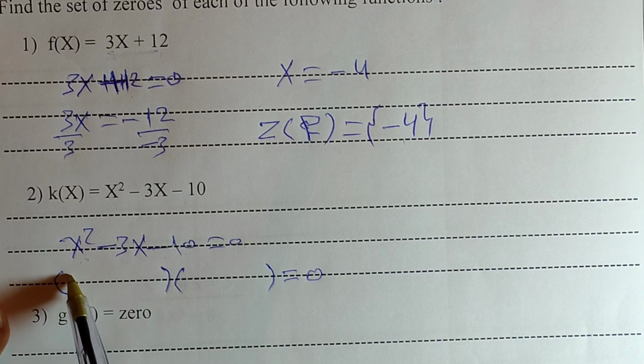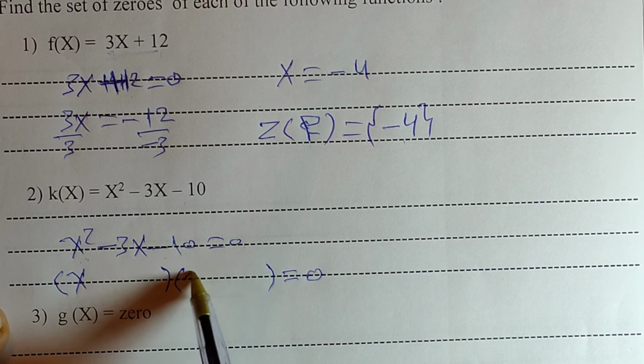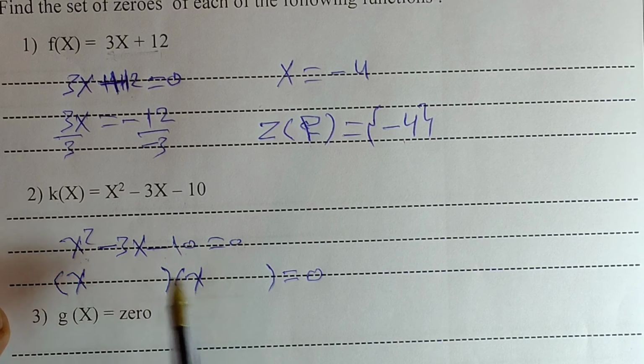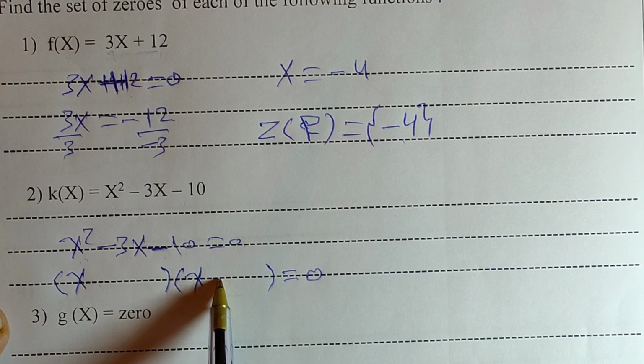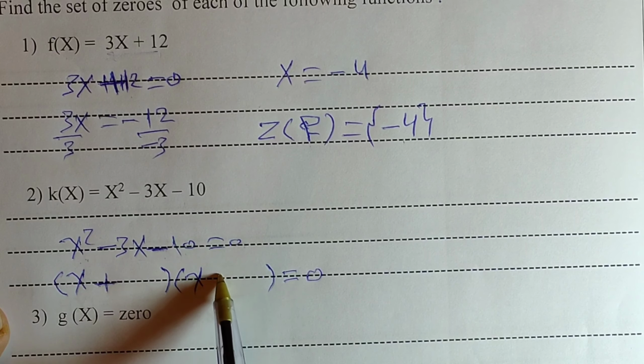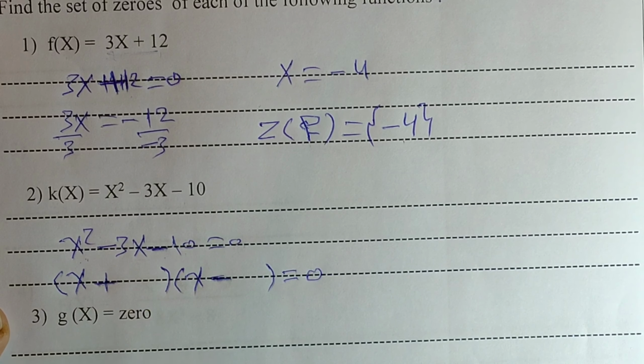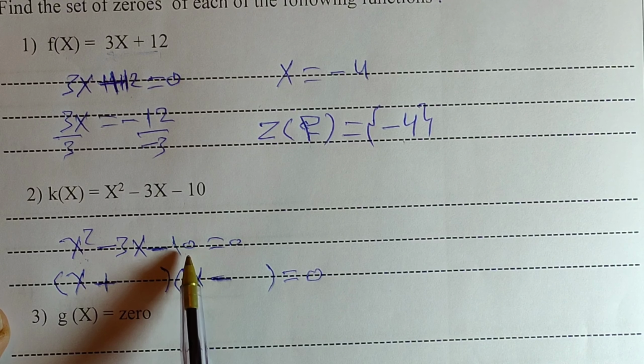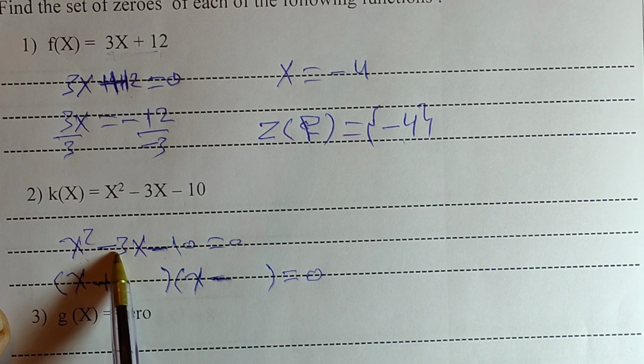X power 2 means x times x. The last sign here is negative, so this sign and this sign are different. I mean this is positive and this is negative sign. What are the two numbers which if we multiply them, the answer will be negative 10. If we add them, the answer will be negative 3.